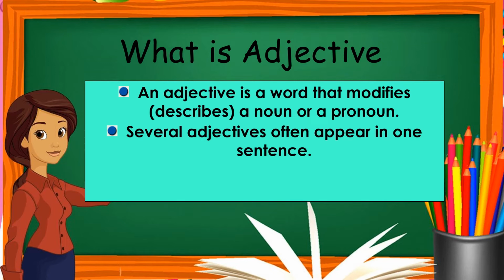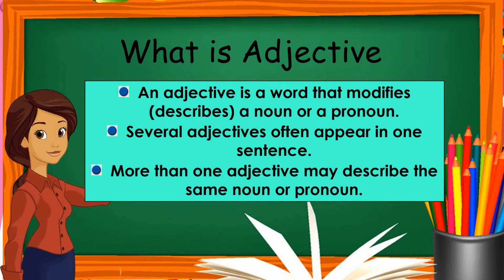Long. Another one? Yes, shiny. So in a sentence, we can find several adjectives modifying the same noun or pronoun. What is being described with long and shiny hair? Yes, Zoe. Okay? Next one.